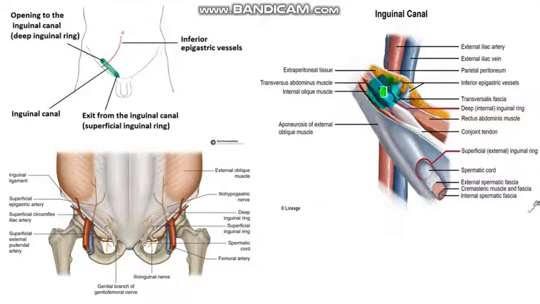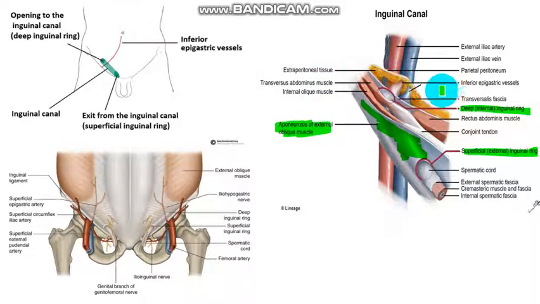So let us see a bit more by dissecting this diagram. Here we can see the anterior wall, the anterior boundary of the inguinal canal. So see, this is the inguinal canal with this deep inguinal ring. This is the deep inguinal ring or internal ring, and this is the superficial or external inguinal ring. The external or anterior layer is formed by the aponeurosis of the external oblique muscle.